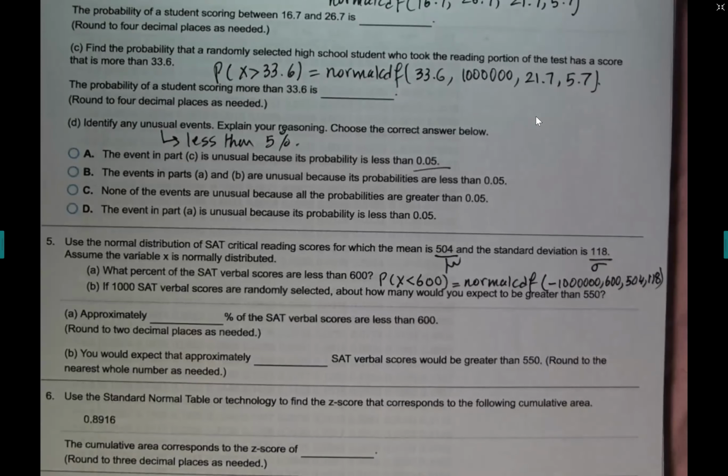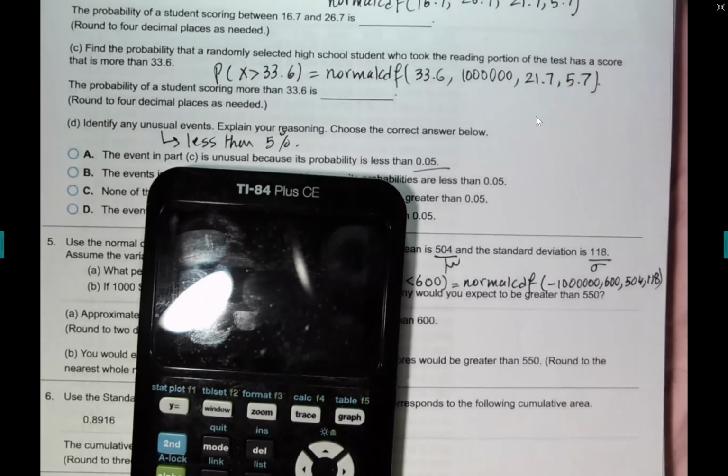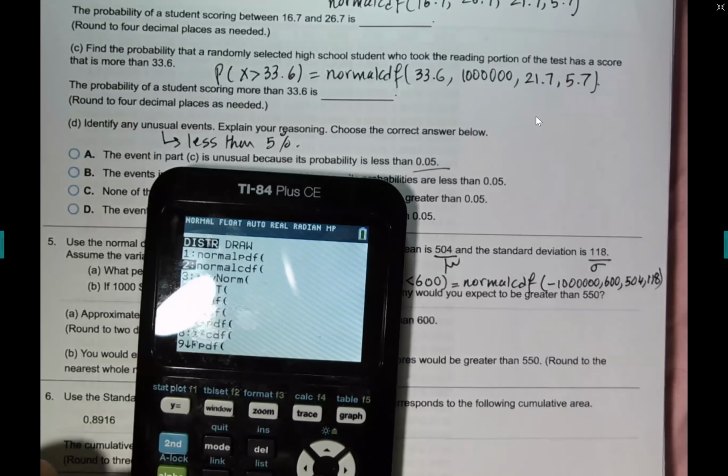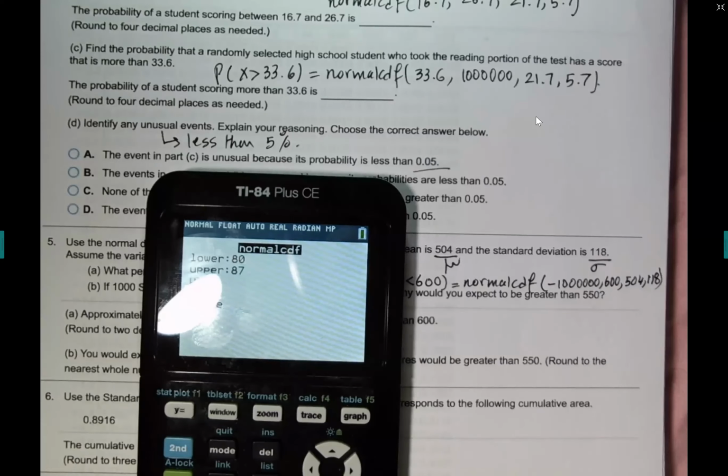Let me do this one just to make sure that you know how to put the percent here. So second distribute, normal CDF, negative 1 million, then 600, then 504, then 118, guys. Okay, so 0.79205.